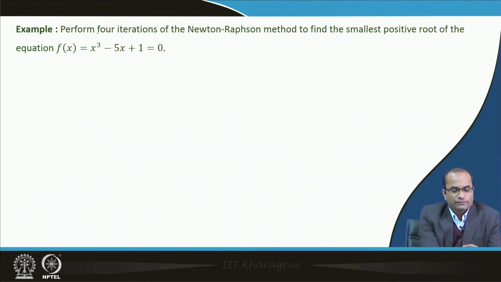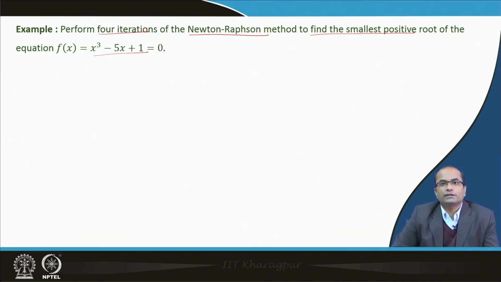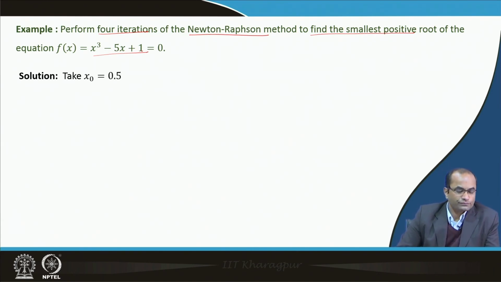We have here: perform 4 iterations of the Newton-Raphson method to find the smallest positive root of the equation x cube minus 5 x plus 1 equal to 0. This is exactly the example which we discussed earlier for the bisection method as well as the fixed point iteration method, and the smallest positive root was about 0.201.